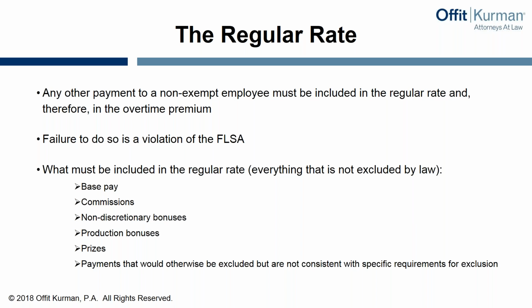For example, like I was talking about, there are additional regulations with respect to premium payments on holidays and weekends. If you don't follow those regulations and do it properly, the way the Department of Labor's regulations say you're supposed to, then that premium payment that you thought was excluded from the regular rate would have to be included. And that's the same for the other excluded categories as well.